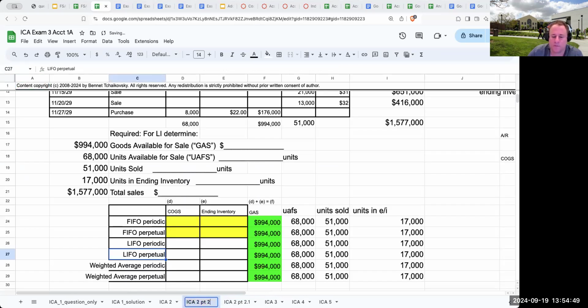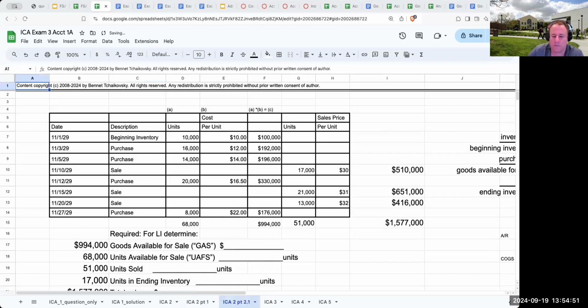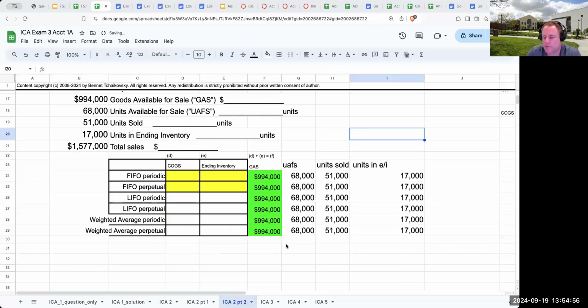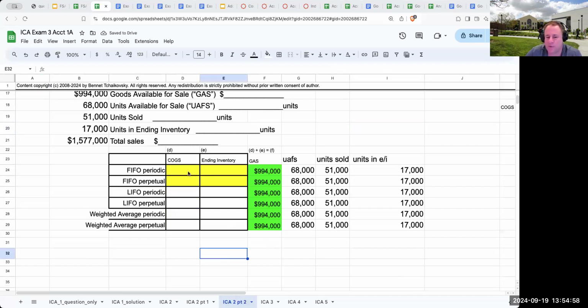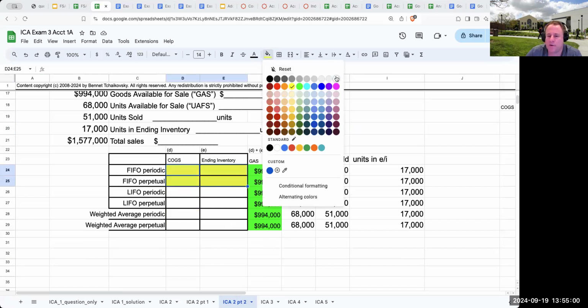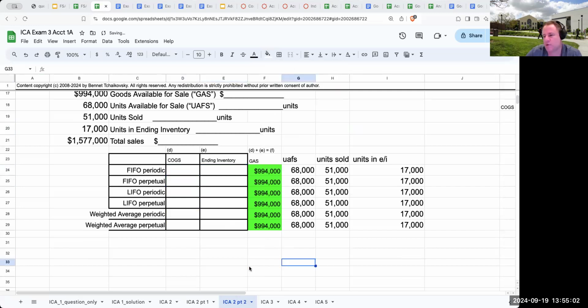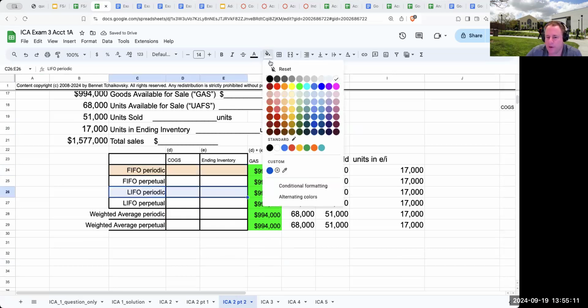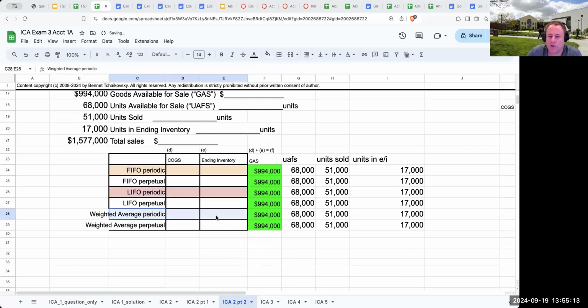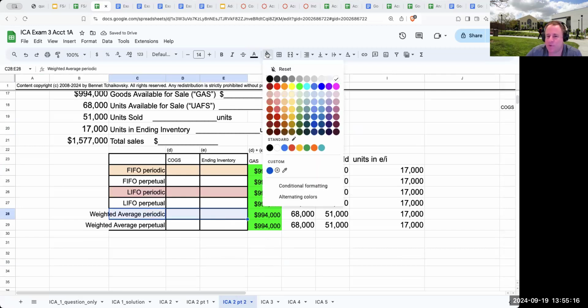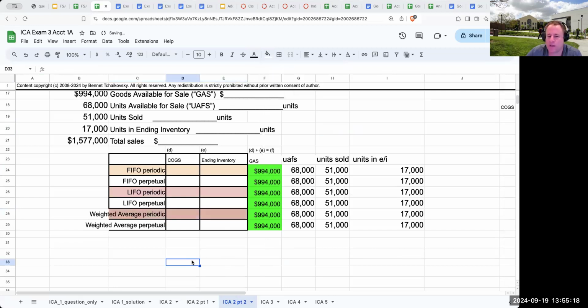So now, what we're going to focus on right now are the periodic methods: figuring out FIFO periodic, LIFO periodic, and then weighted average periodic. Those are the three that we're going to be focusing on right now.